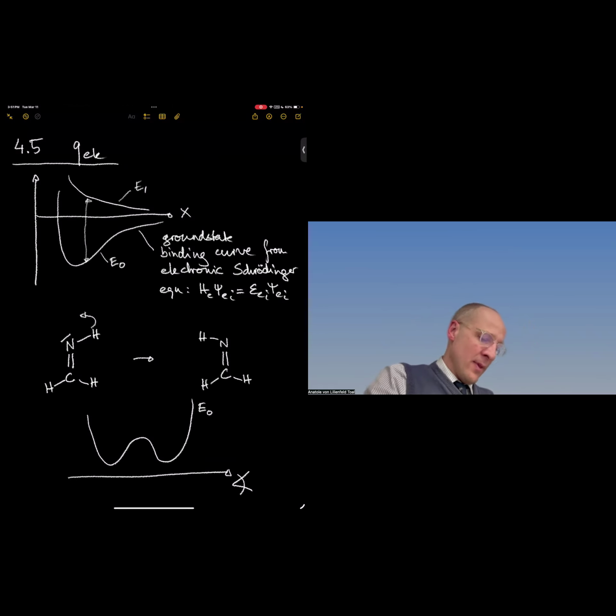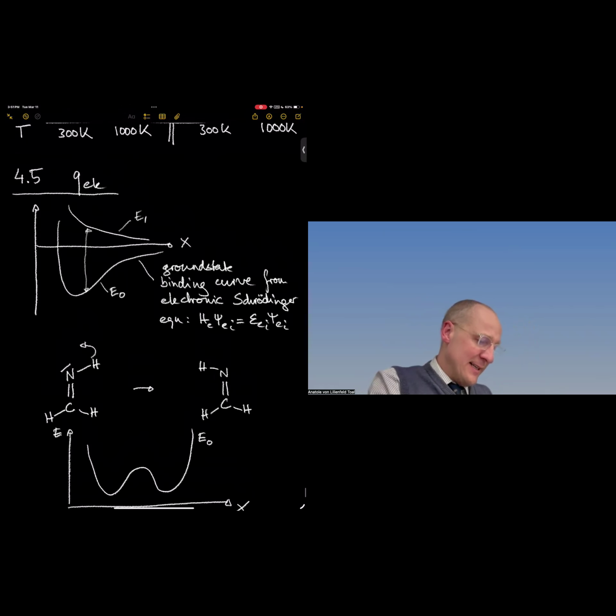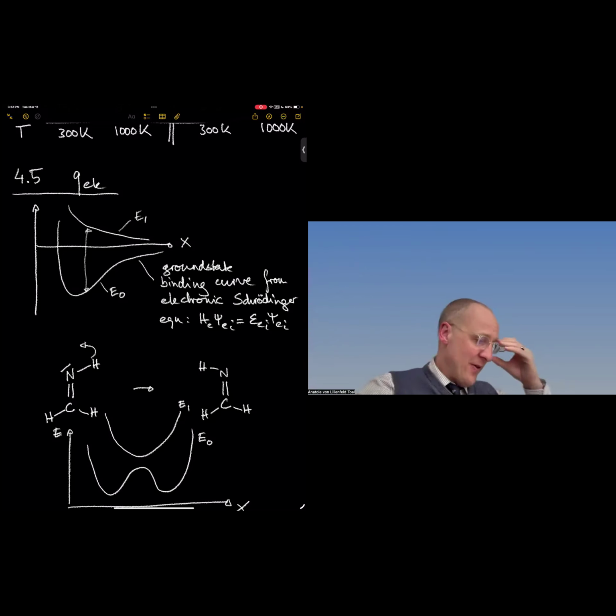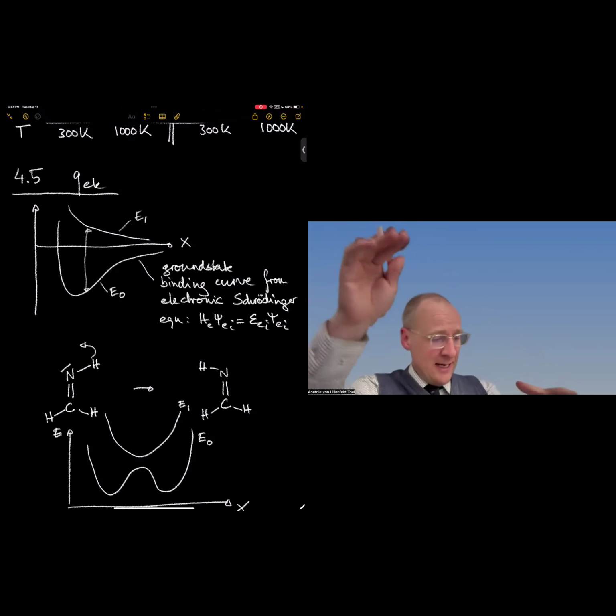And this is the energy. Okay. Now it turns out that the first excited state has its minimum exactly where you would encounter a barrier height as you come with the proton out of the dihedral.